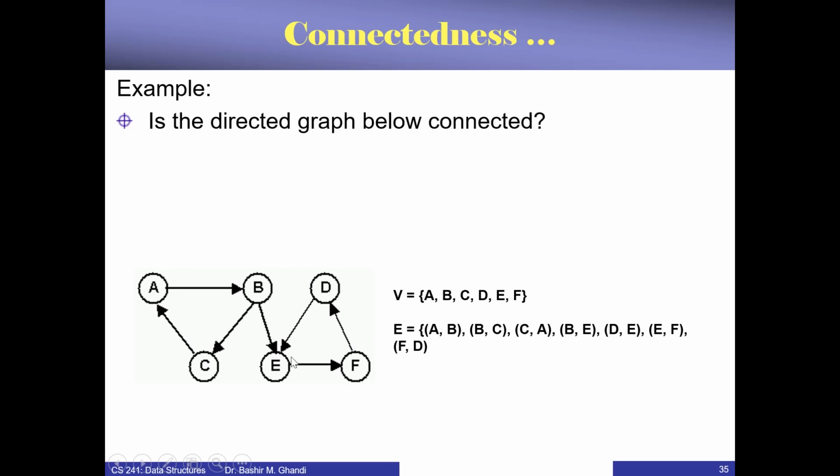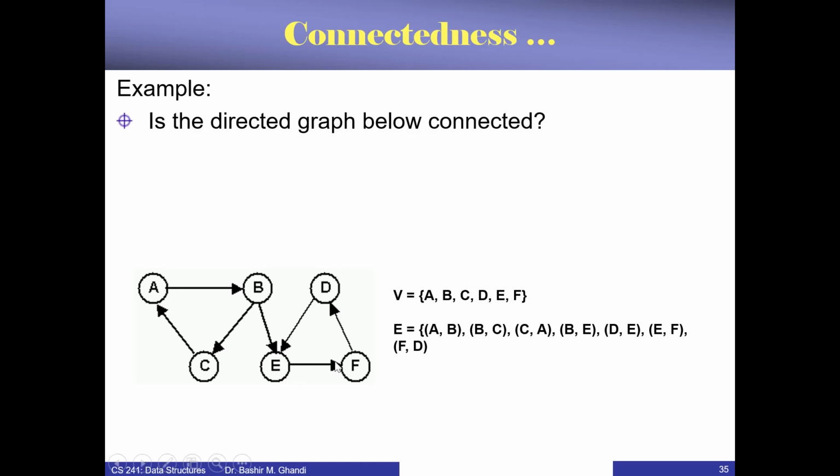But notice actually that in directed graph there are three possibilities. A graph can be strongly connected, a directed graph that is. It can be weakly connected, and it can be not connected at all. Because, for example, suppose we have another vertex, G, somewhere here, which is isolated.